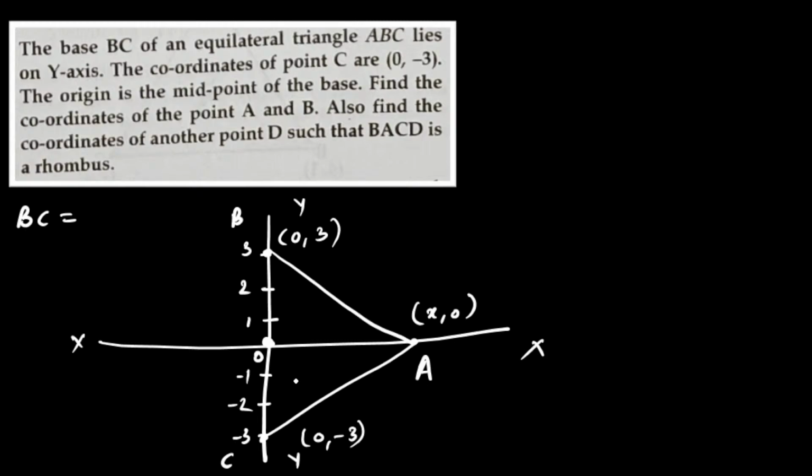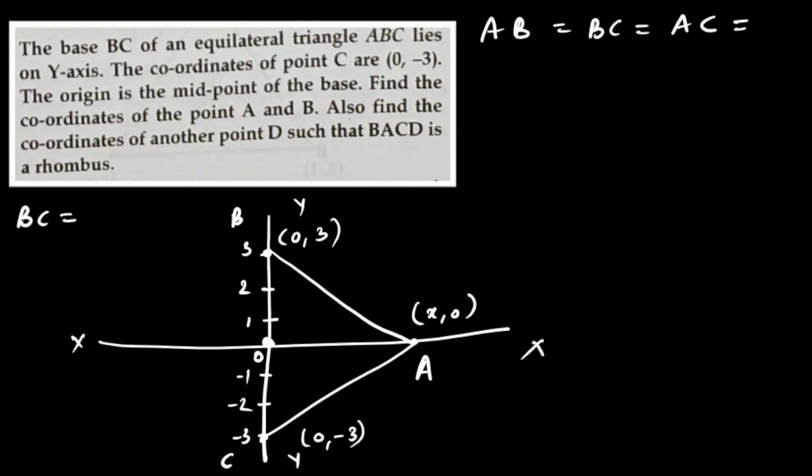At the starting itself, I asked you the property of an equilateral triangle, and every one of you said all sides are equal. So AB equals BC equals AC.